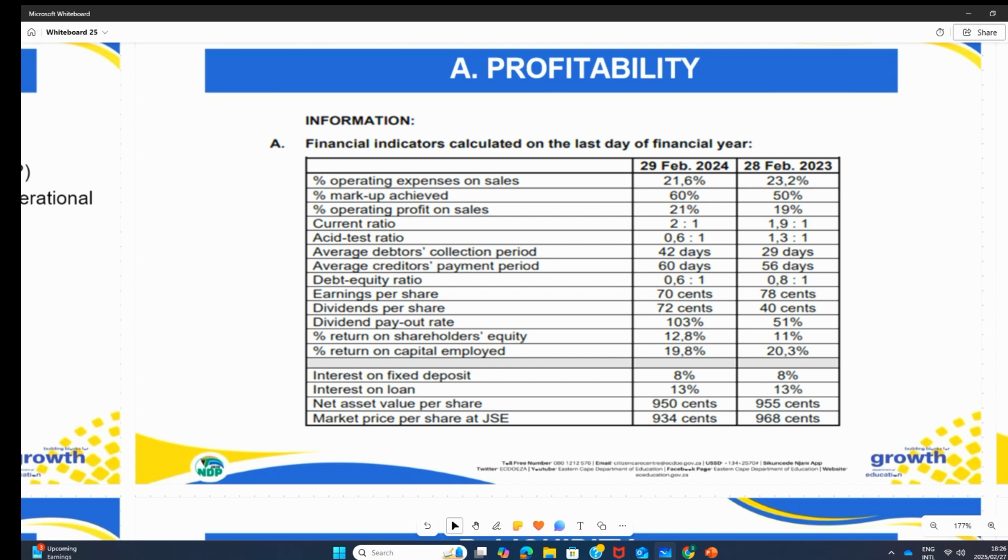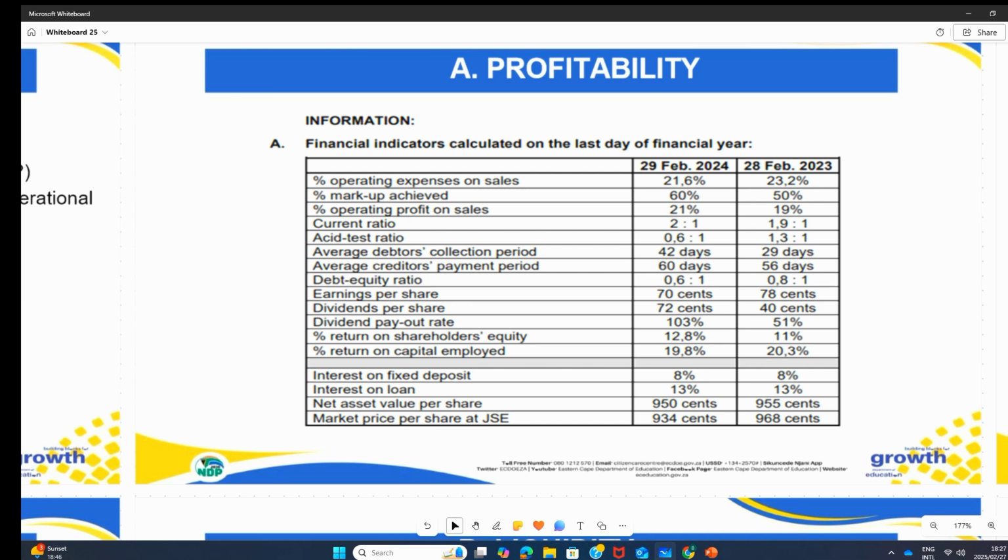This means that we are only working with one business. Remember, I did say when we are analyzing, you need to look at the information that you are given. Is it of one business or is it of two businesses? Looking at this financial indicator information that we are given here, you will see that it's only for one business.